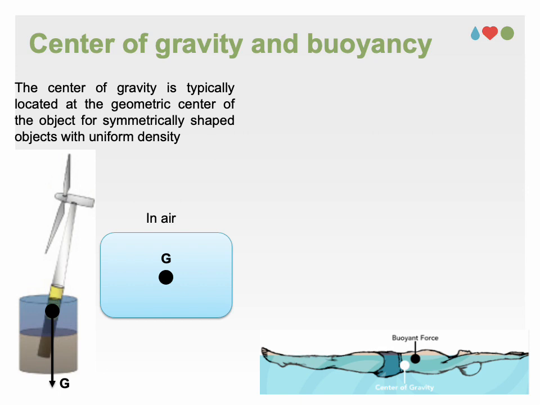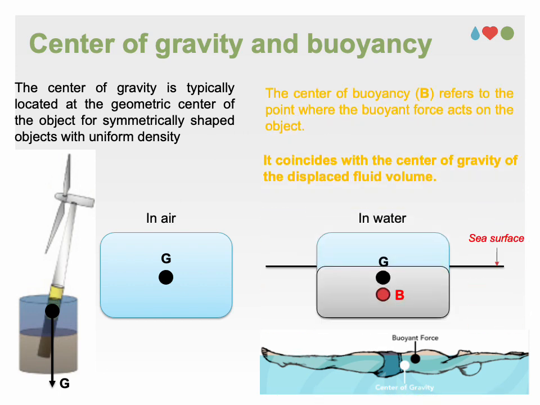Let's now talk about the stability state of a floating object. When an object is submerged, either completely or partially in a fluid, it experiences an upward force that tries to raise the object upward.